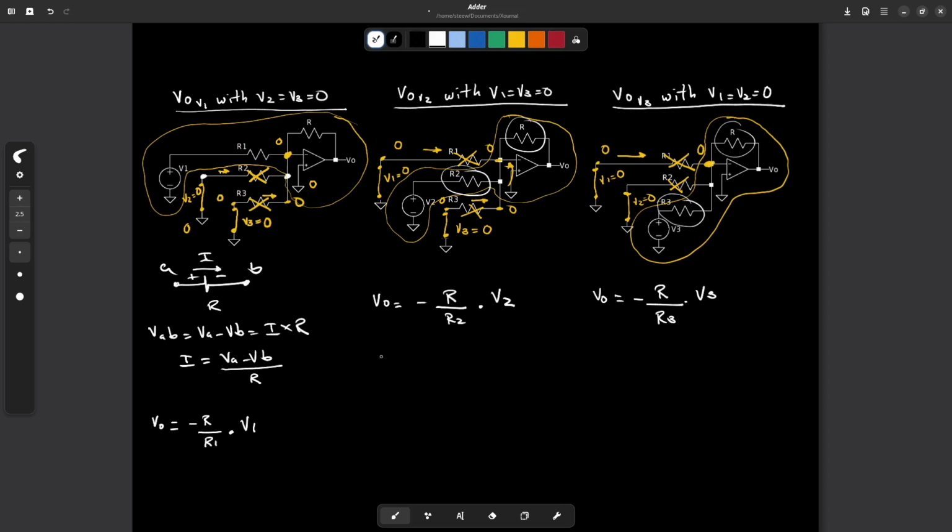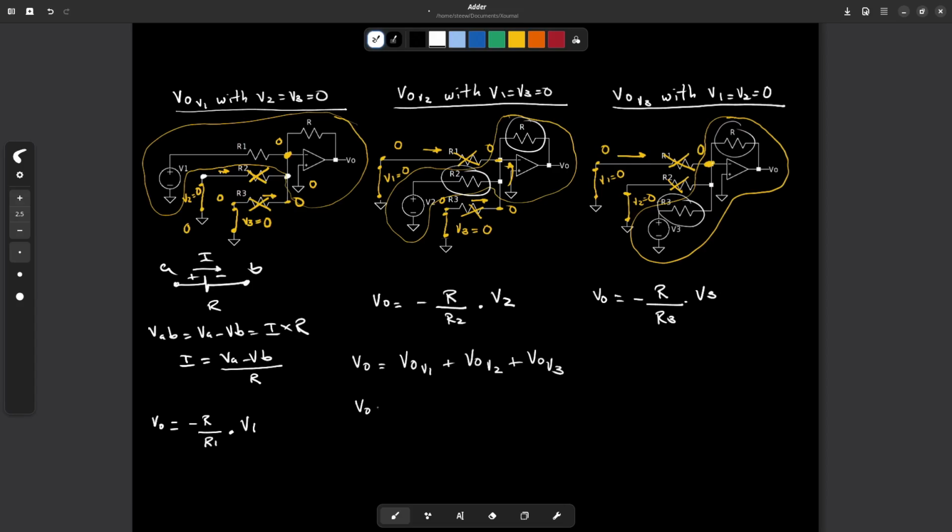So remember that we said that V0 will be V0 due to V1 plus V0 due to V2 plus V0 due to V3.